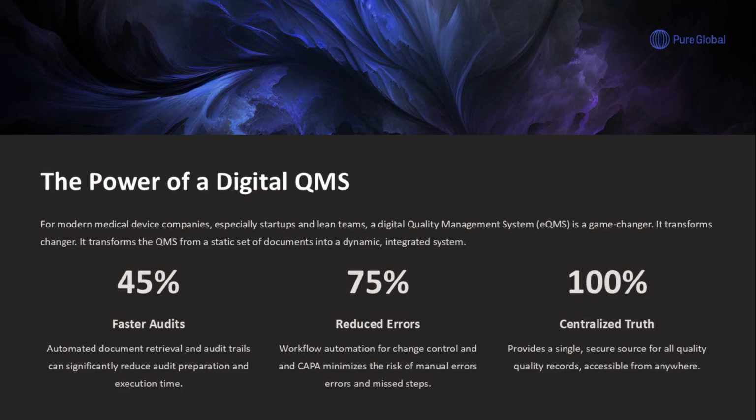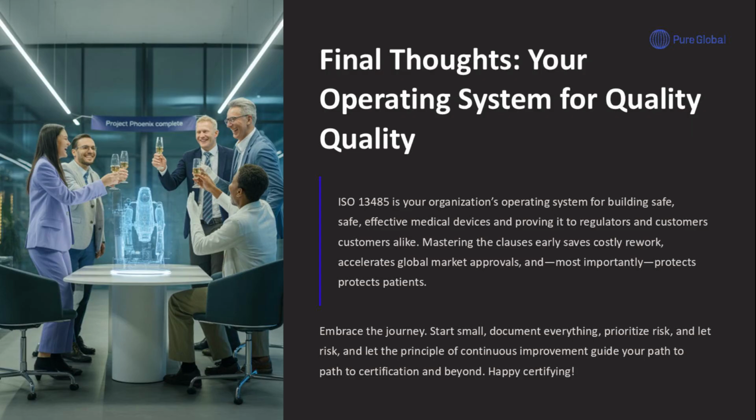It offers faster audits, reduced errors, and centralized truth, turning static documents into a dynamic, integrated system that enhances efficiency and compliance. ISO 13485 is your organization's operating system for quality, ensuring safe and effective medical devices.